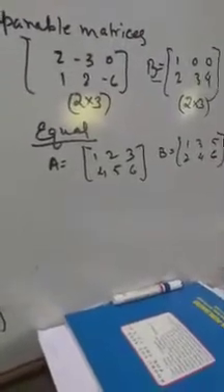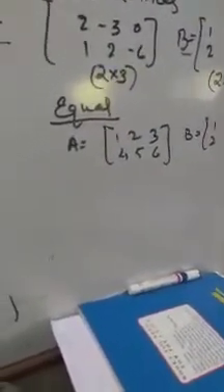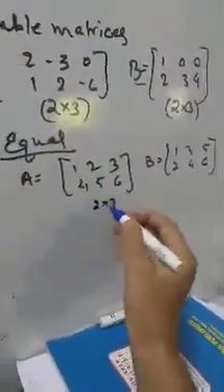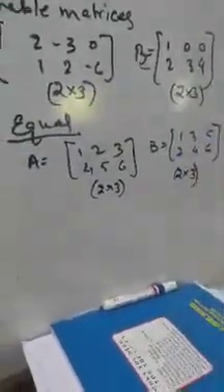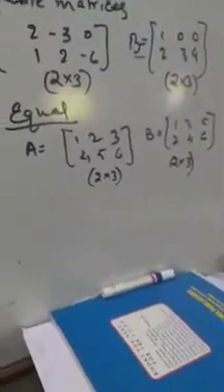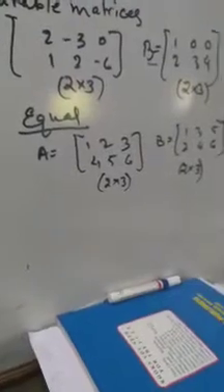Now A and B are comparable because their orders are the same: A is 2 by 3 and B is also 2 by 3. Since they are comparable, only then do they qualify for equality. So let us test whether A and B are equal matrices or not.